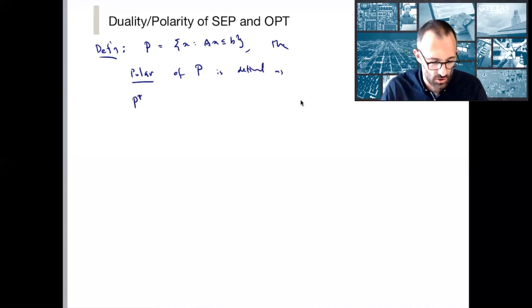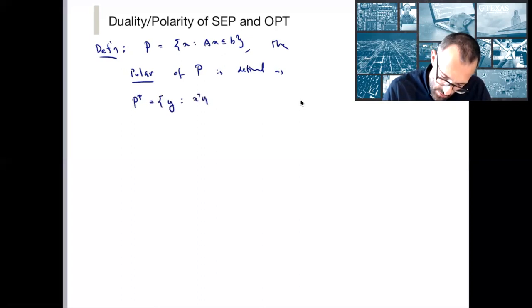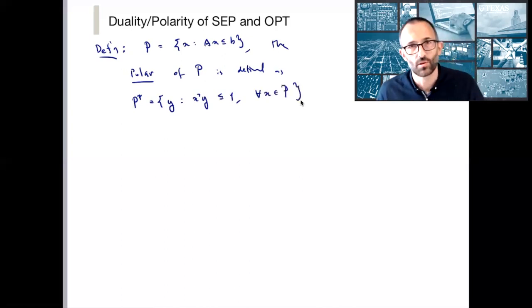Sometimes people use a circle. It's all points Y such that X transpose Y is less than 1 for all X in P. And note that this is also very similar to the way that a dual norm is defined. So all of these notions of duality are very intimately linked.